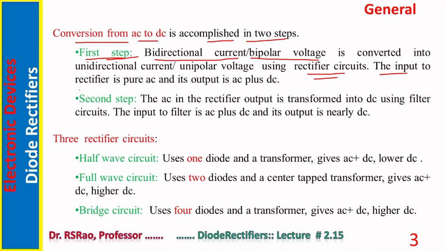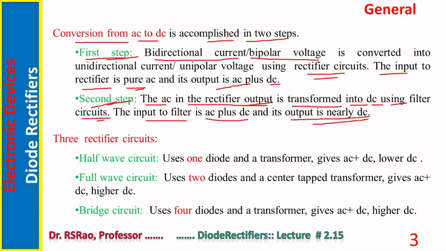The input to the rectifier is pure AC and output is a mixture of AC plus DC. In the second step, the AC in the rectifier output is transformed into DC using filter circuits. The input to the filter is AC plus DC and its output is merely DC.